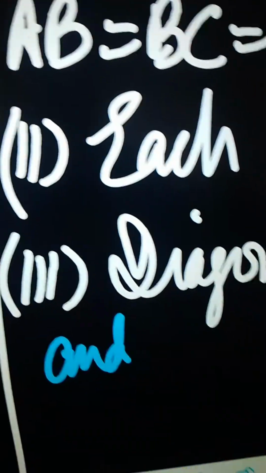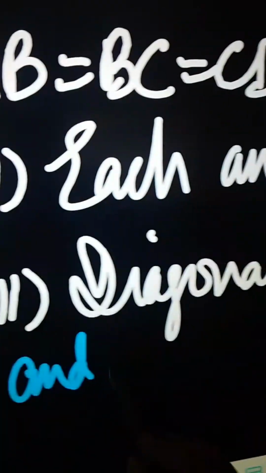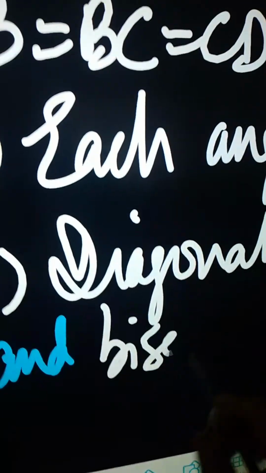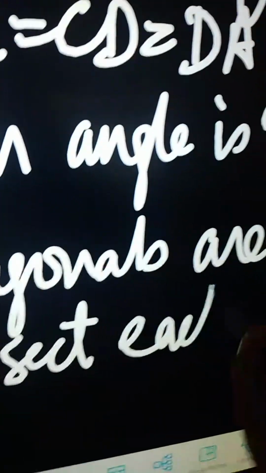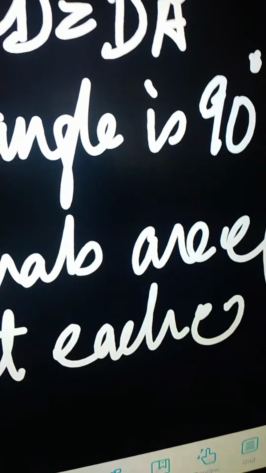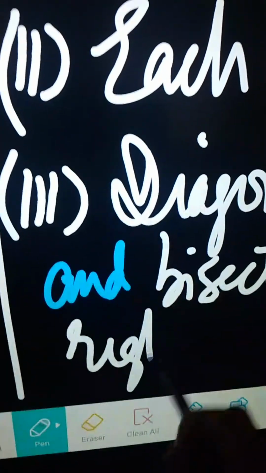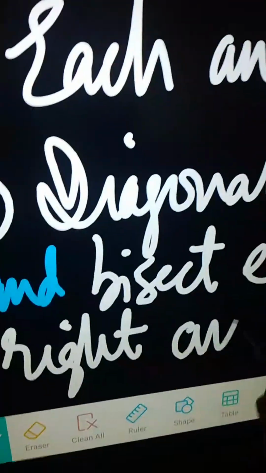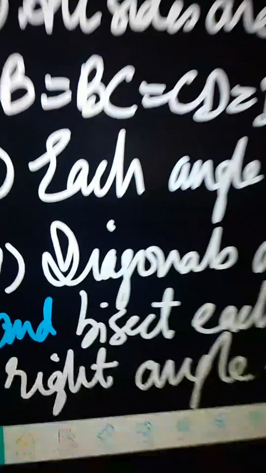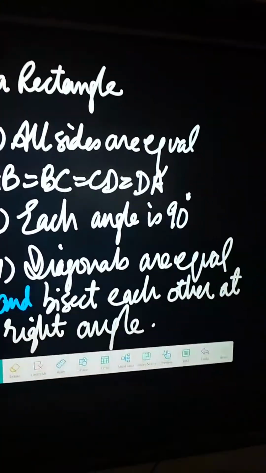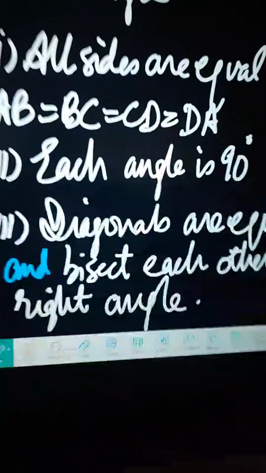The difference is that its diagonals are equal, and they bisect each other also, but they bisect each other at right angles. Diagonals are equal and bisect each other at right angle.